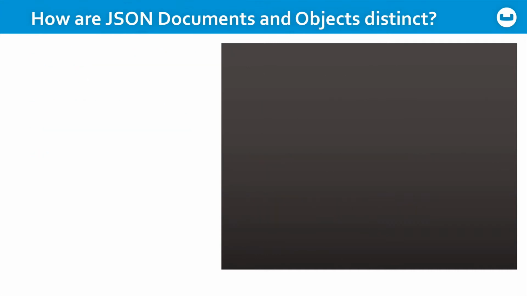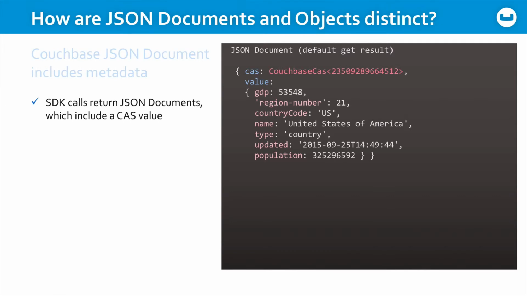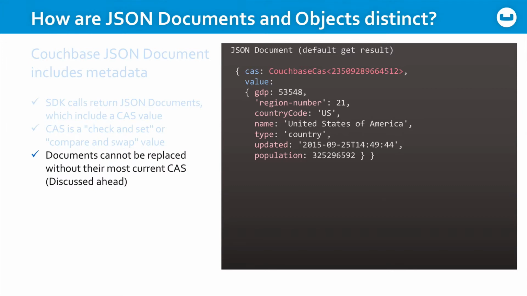So how are these JSON documents and objects distinct? The JSON document itself includes metadata. The SDK call returns a JSON document, which as you see here, includes a CAS value. This CAS is sometimes called a check and set or compare and swap value. This document cannot be replaced without having the most current CAS value.